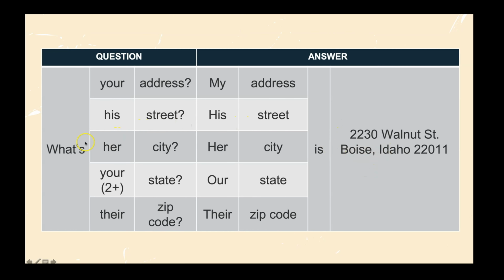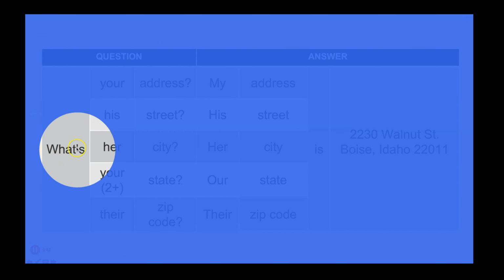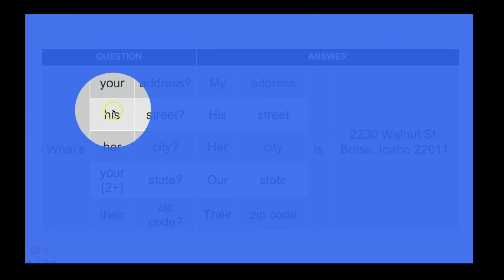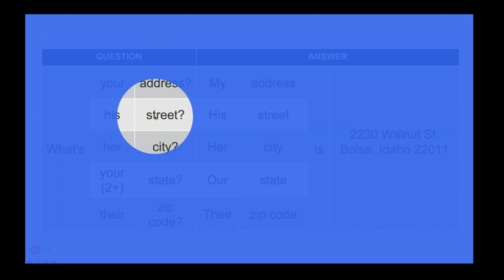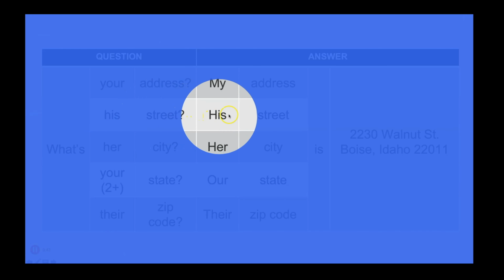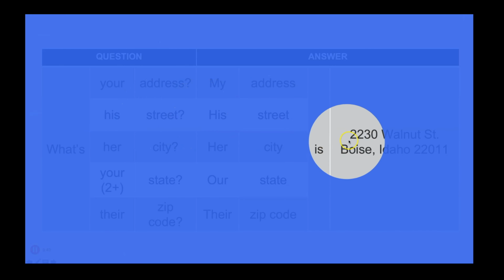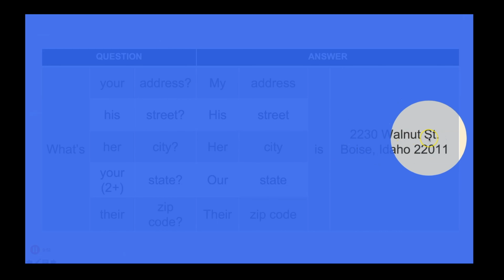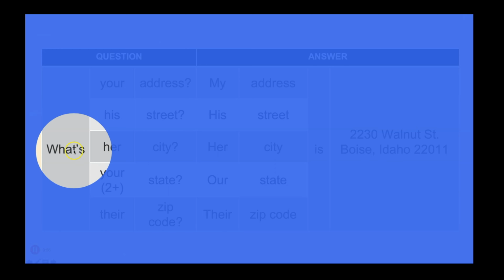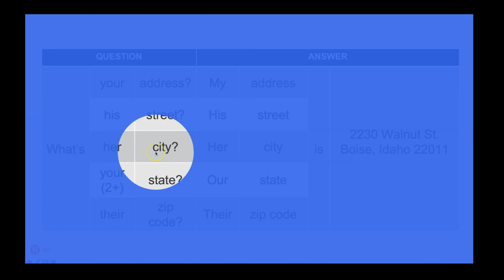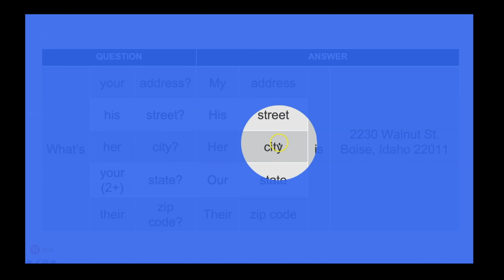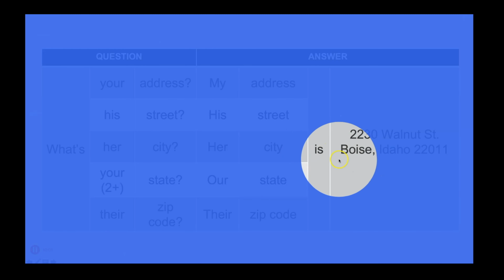Our next question, again beginning with what's, what's his street? His street is Walnut Street. What's her city? Her city is Boise.